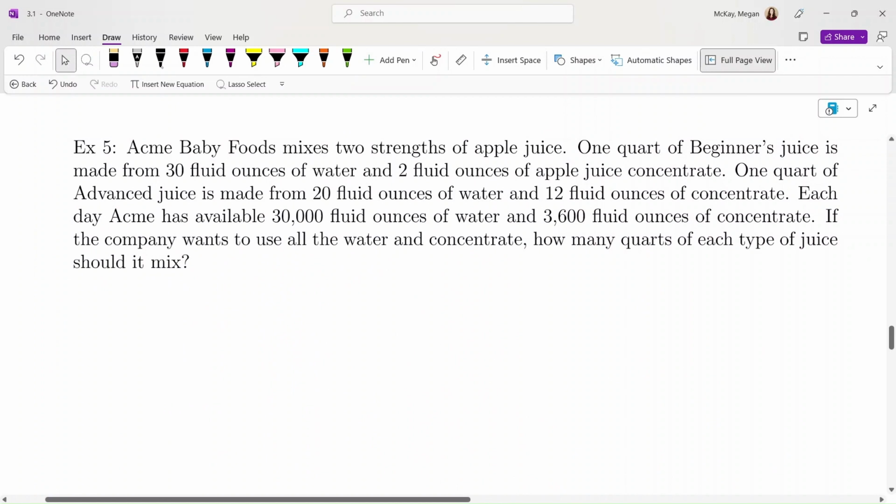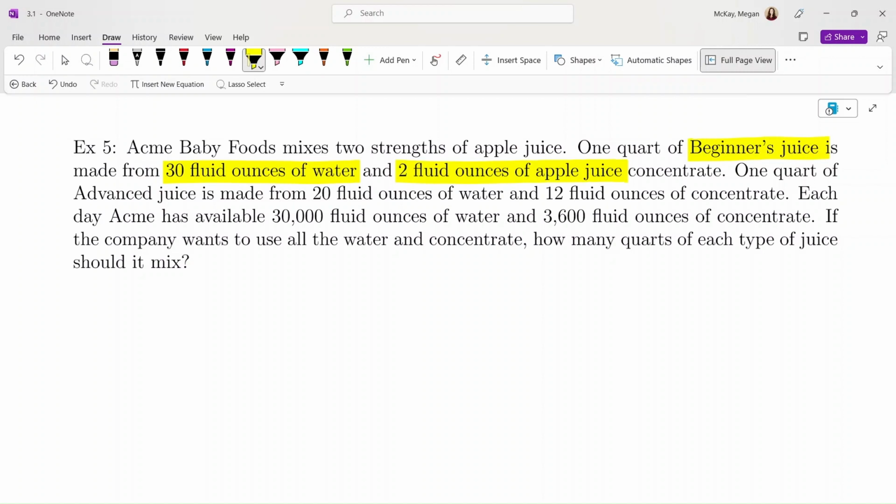We have a company, Acme Baby Foods, and they mix 2 strengths of apple juice. 1 quart of beginner's juice is made from 30 fluid ounces of water and 2 fluid ounces of apple juice concentrate. I'm going to go ahead and highlight that. That seems important. Alright, so beginner's juice, we have 30 fluid ounces of water and 2 fluid ounces of apple juice concentrate.